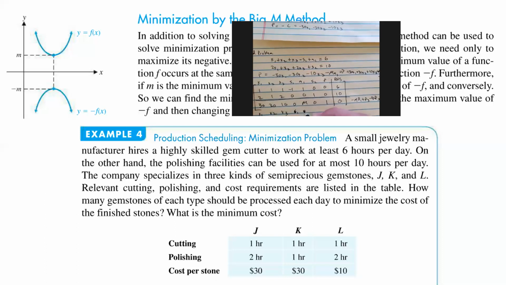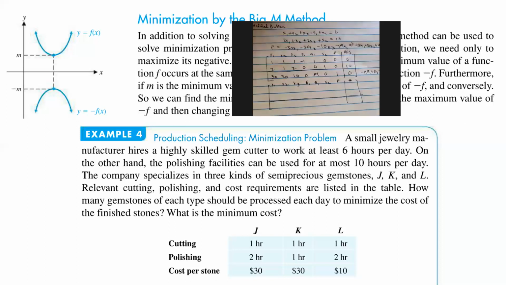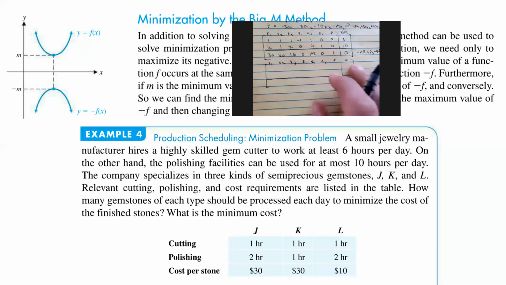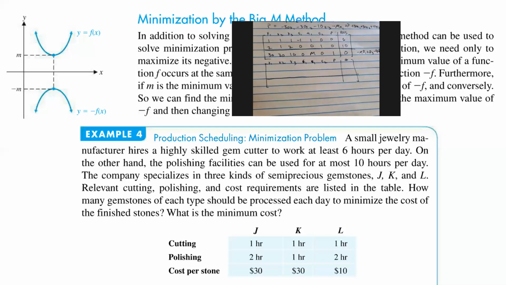S1, A1, S2, P, and the right-hand side. Sometimes people will write number, they might write right-hand side, RHS, or RS even. So we'll have a negative M plus 30.